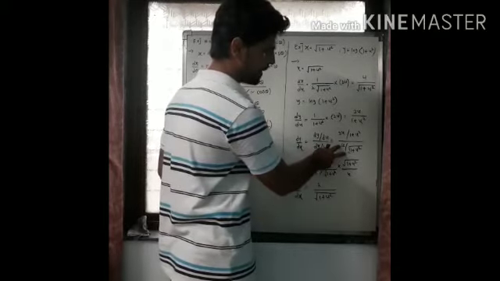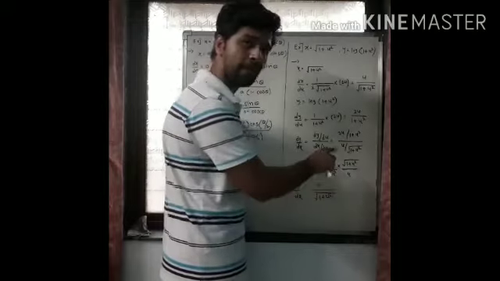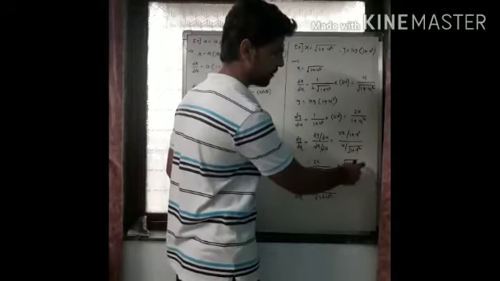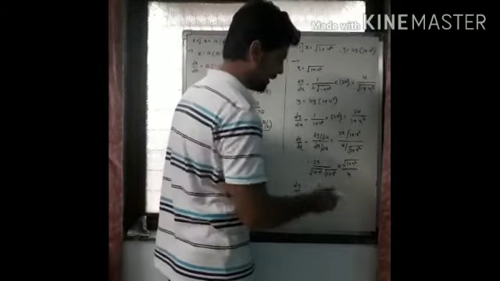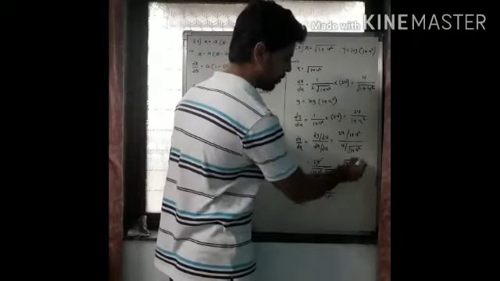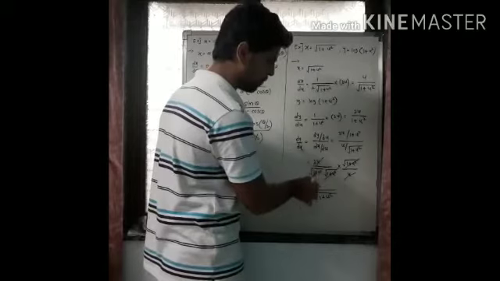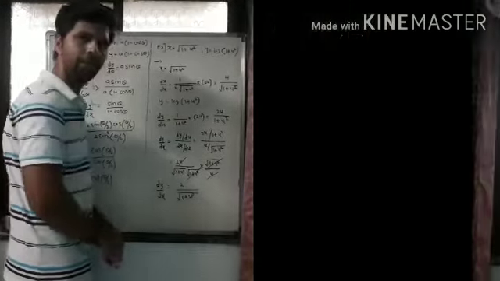And when we shift the denominator's fraction to the numerator, it gets multiplied and flipped also. So root 1 plus x square shifts to the numerator, u goes to the denominator, right? Now this u and root 1 plus x square cancel out. So we get only 2 upon root 1 plus u square. That is your final dy by dx.